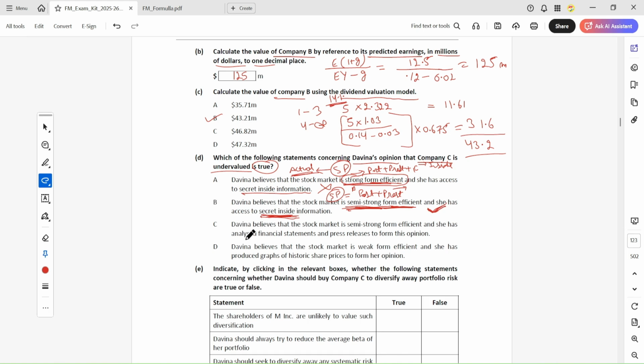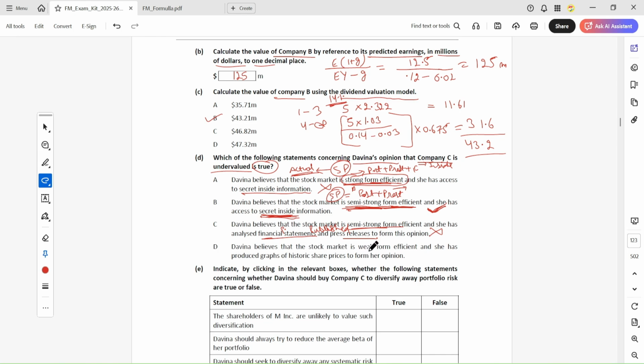Okay. Next, Joanna believes that the stock market is semi-strong and has analyzed the financial statements and press releases, which is published information. When you analyze published information, which is already reflected in the share price, it is already incorporated. So this cannot be the reason for the undervaluation of the share.